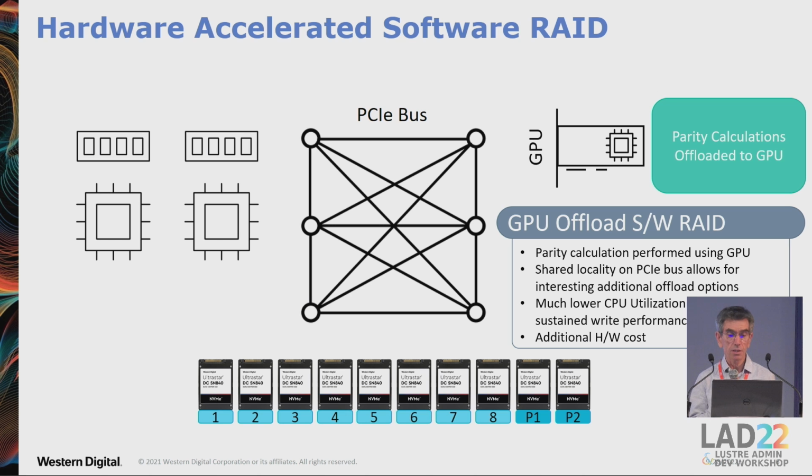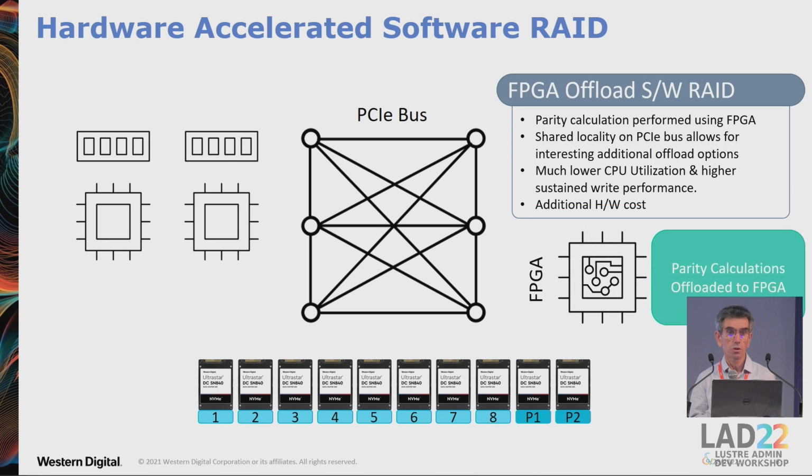And similarly, we imagine a solution with an FPGA for parity calculation. And these solutions are clearly a key element to boost the performance and get the most of the performance from your NVMe devices.